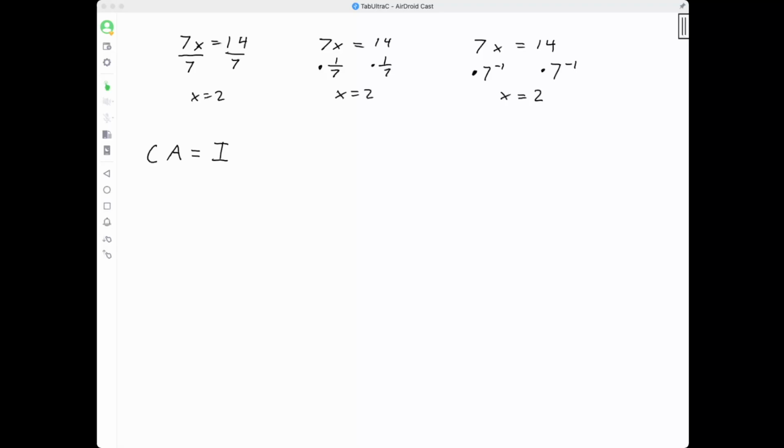Just like 7 times 1/7 is equal to 7/7 is equal to 1. It gives you the identity. And the thing that is nice about inverse matrices is if C is an inverse matrix, then CA is equal to the identity and AC is equal to the identity. That is to say, A and C are inverses of each other. So the order doesn't matter.